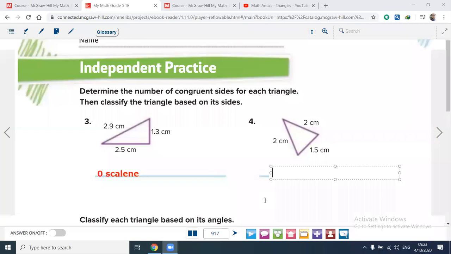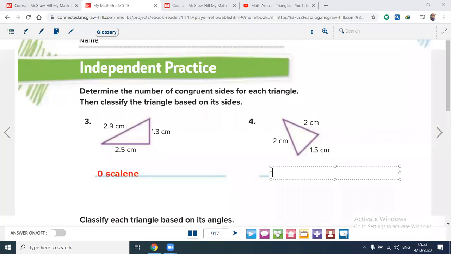This shape has two sides the same. The name for this shape is what? This triangle, how many sides are congruent? Two sides. Like this is called what? Yes, isosceles triangle.